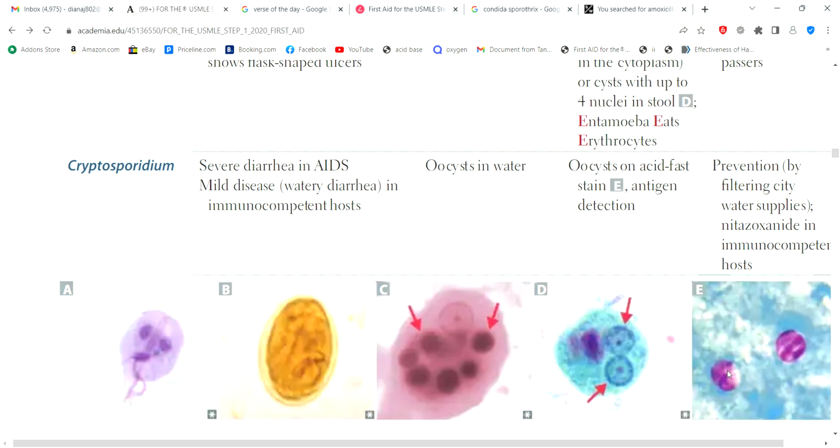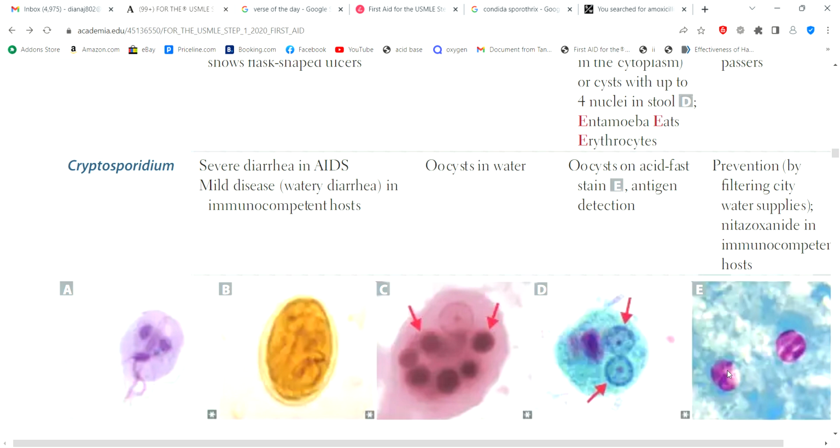Prevention is by filtering city water supplies, and nitazoxanide in immunocompetent hosts. Okay, so basically, where sanitation is poor, you can expect Cryptosporidium because it's passed through poop.